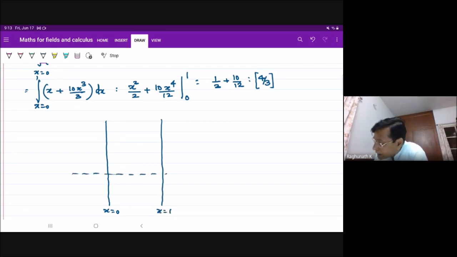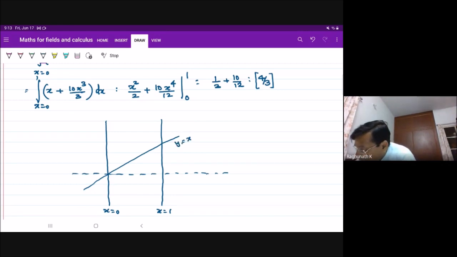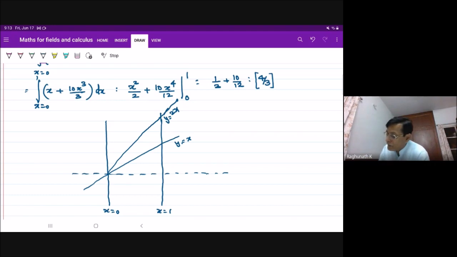This is the x-axis, doesn't matter. This is y is equal to x. This is y is equal to 2x. This is the region of integration.